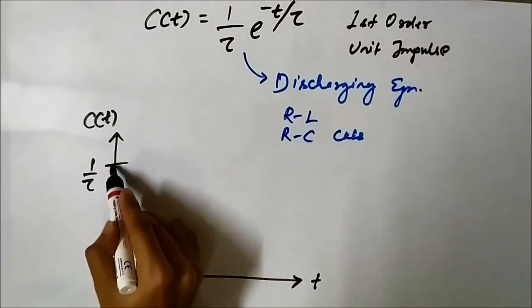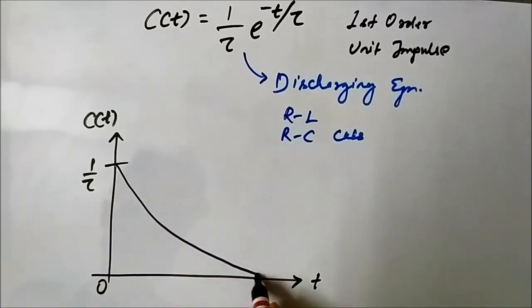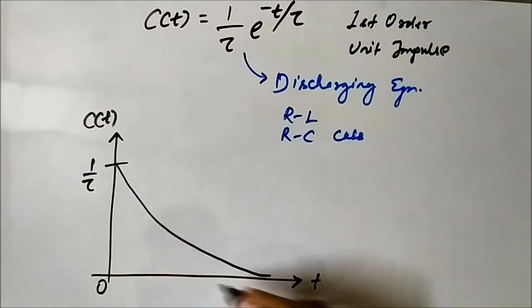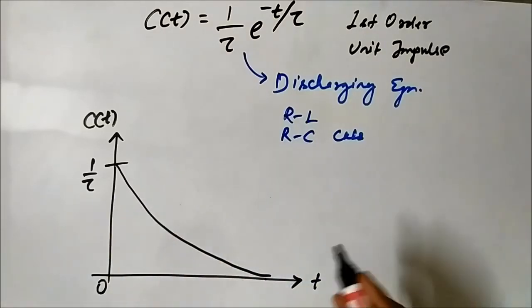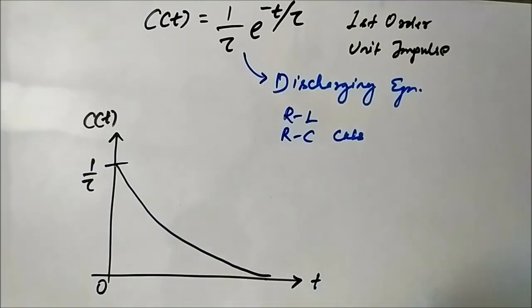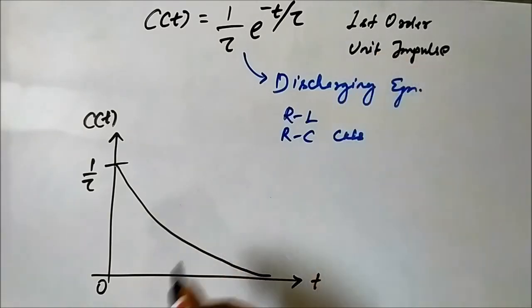So we will simply join these points. So this is the waveform, the shape for the output of a first order system to unit impulse input.